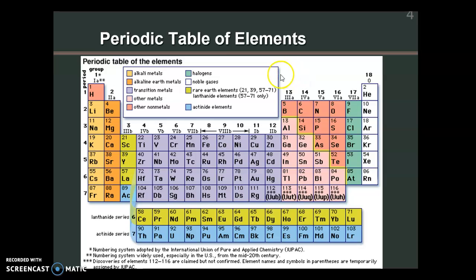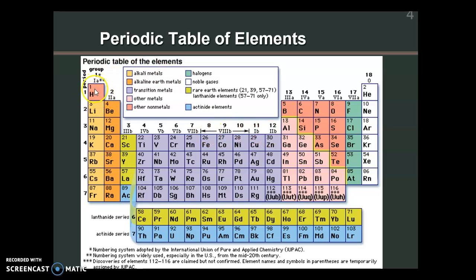Those things are not really important for this class, nor will you ever have to memorize the periodic table for our fermentation class. It is helpful to be able to recognize some of the important elements by their atomic symbol.